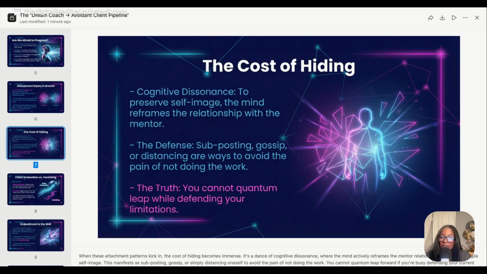The cost of hiding is high. Okay, cognitive dissonance, obviously we see that a lot. To preserve self-image, the mind reframes the relationship with the mentor. We want to stay in that mentor's light in so many ways, but some people get so ashamed they just run away.